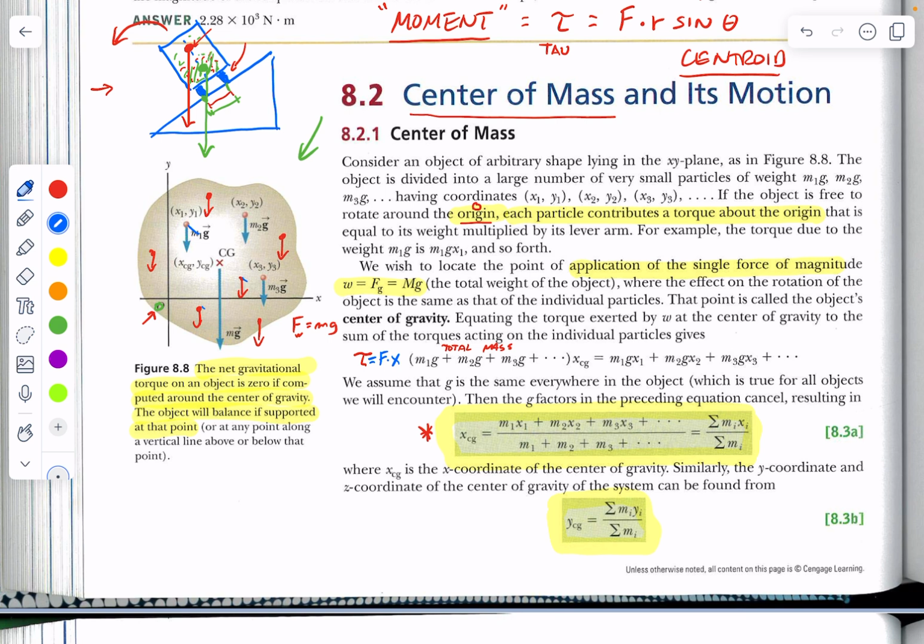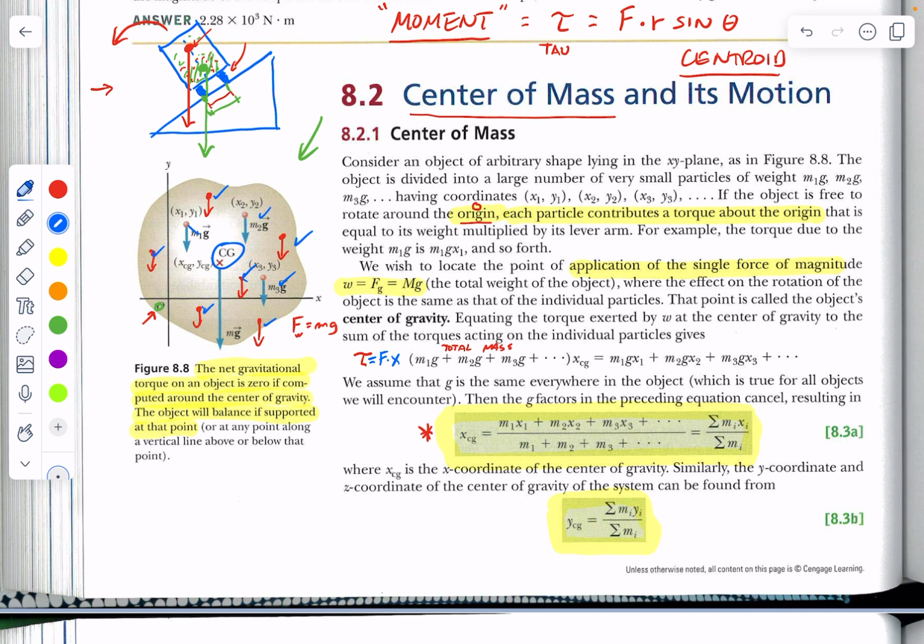What we would be interested in is, could we replace every single one of these small vectors and small torques with one single vector acting from one spot and accomplish the same thing? That one spot would be called the center of gravity, CG. And in a minute, gravity is going to cancel out, so we often use the term center of mass instead.